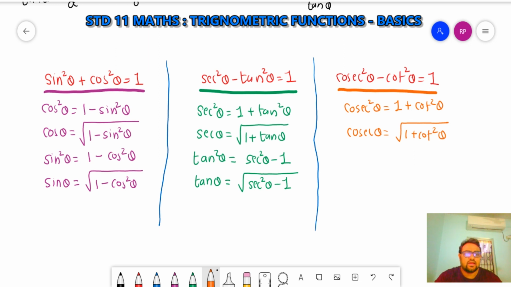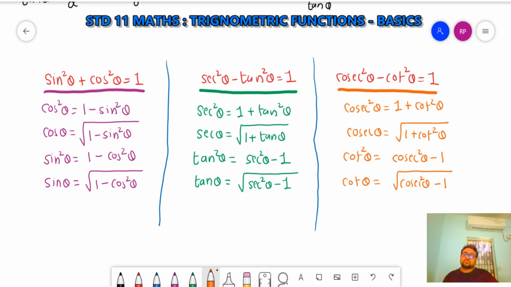Okay, and cot square theta will be equal to cosec square theta minus 1, or cot theta will be equal to square root of cosec square theta minus 1.